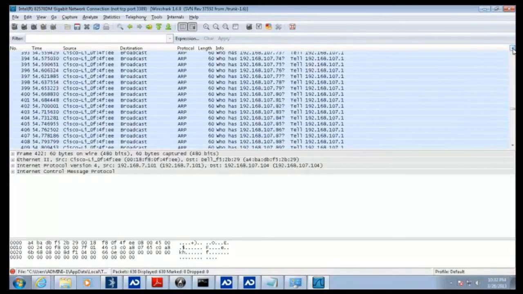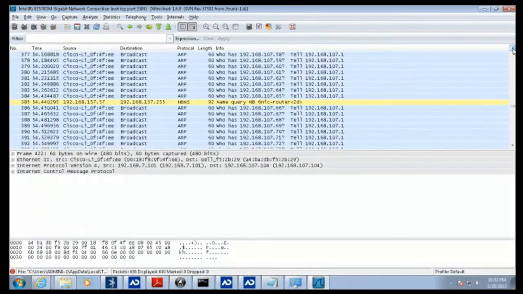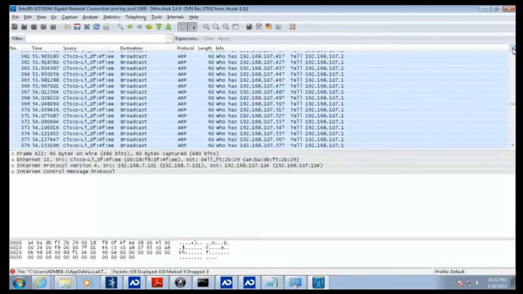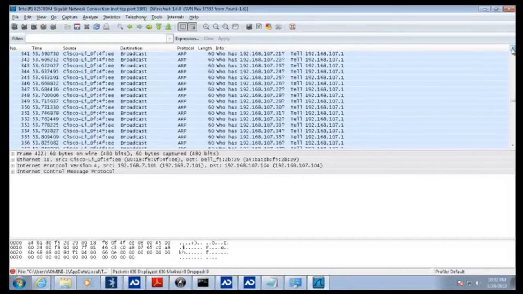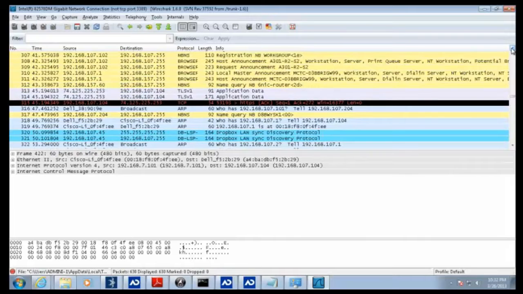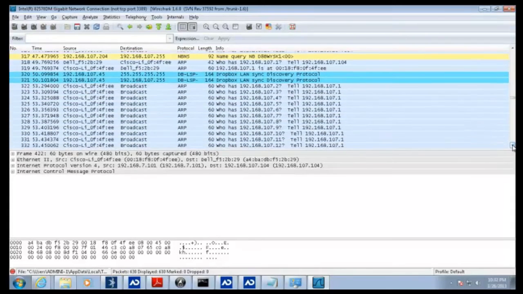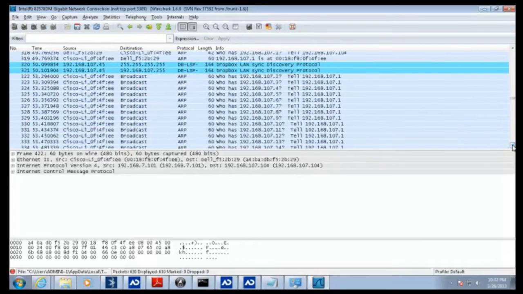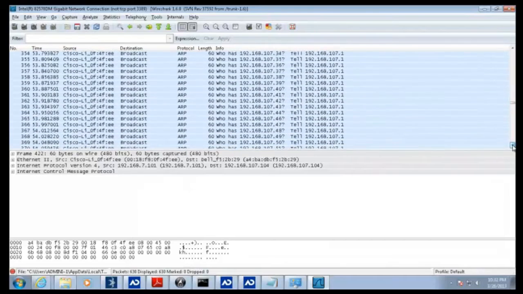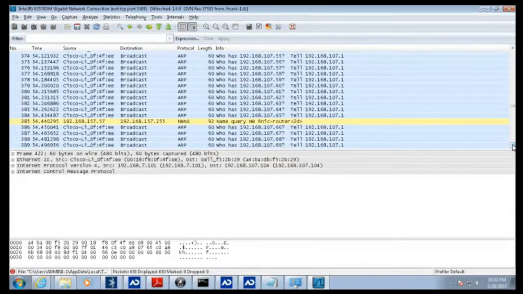Let's look on down through here and see what else we got. See if 45 replied. I think it did. No, I don't see it there. Well, and we wouldn't. You always got to think about, okay, where am I at? Where am I sniffing? And what can I see? We're not going to see 45's response here on 104 because we're on a switch network.